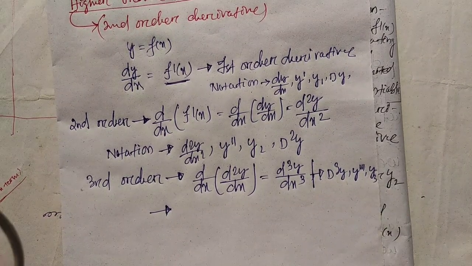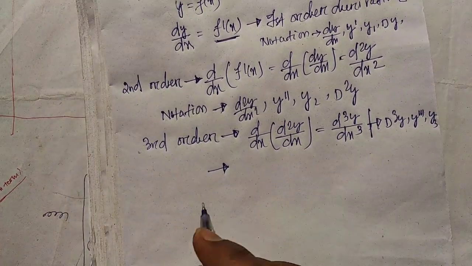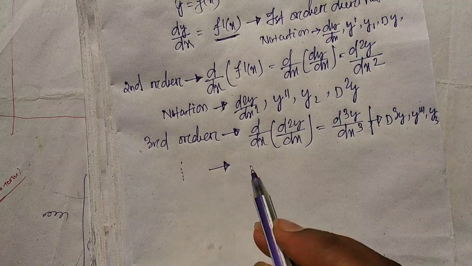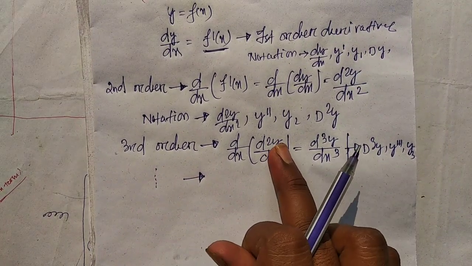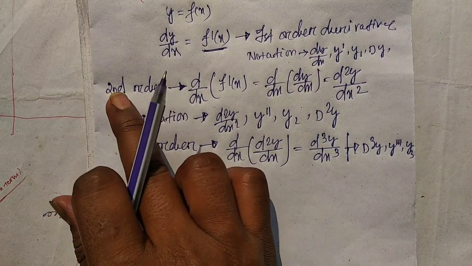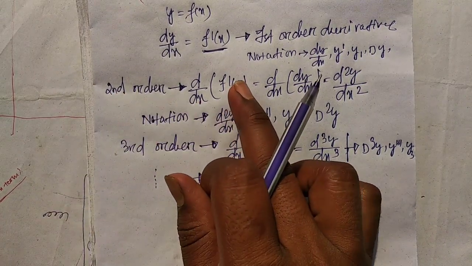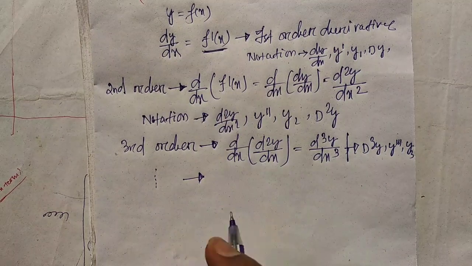These are the notations used for third order. Similarly, you see, for third order we are differentiating second order with respect to x. For second order we are differentiating first order with respect to x.